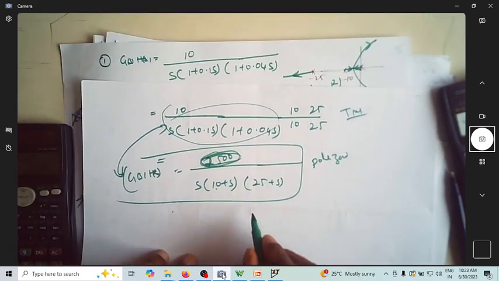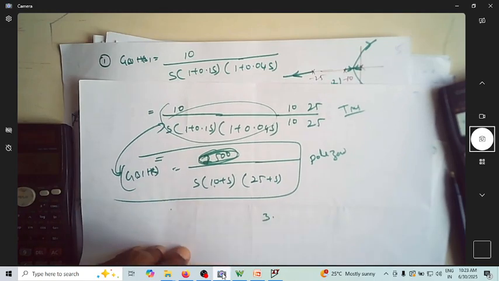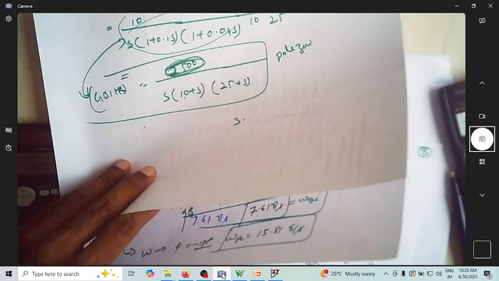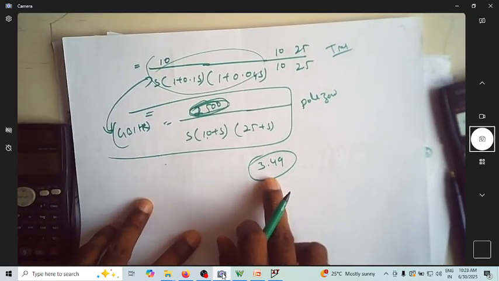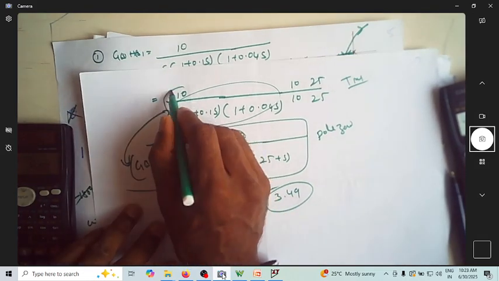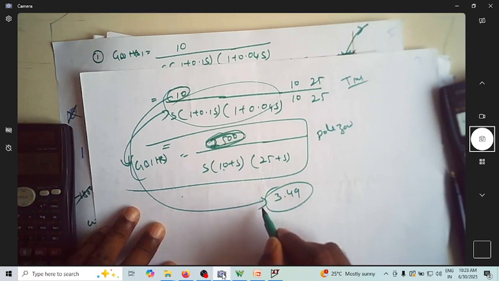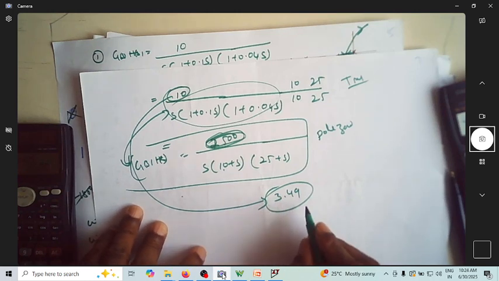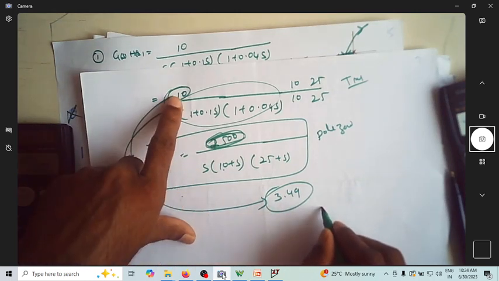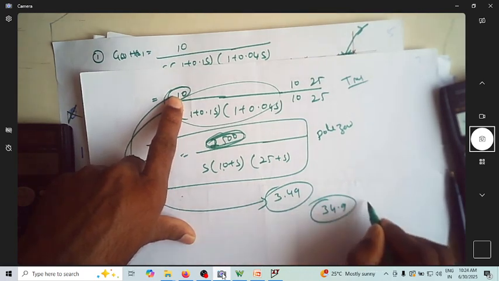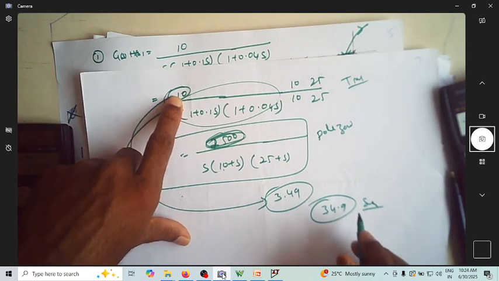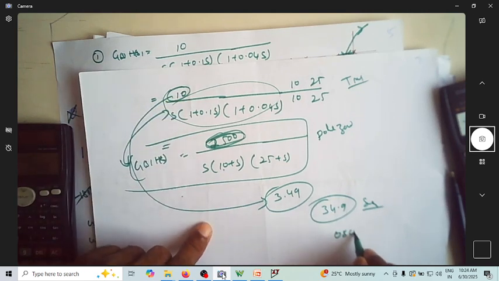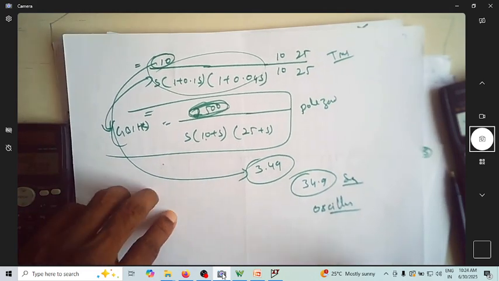So you got a gain margin of 3.49. A gain margin of 3.49 means that if the existing system gain is multiplied by 3.49, then it will become 34.9. For a system gain of 34.9, the system will be oscillatory.